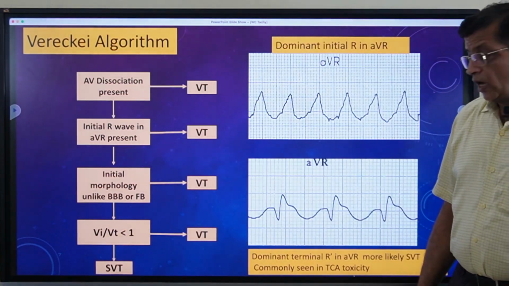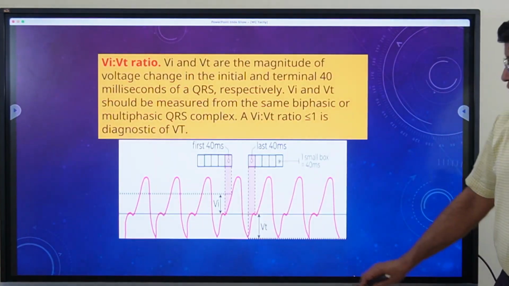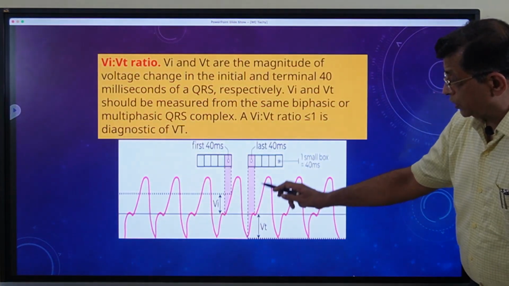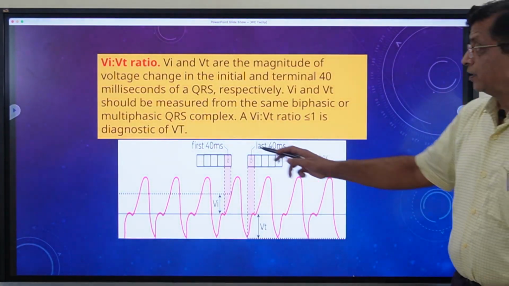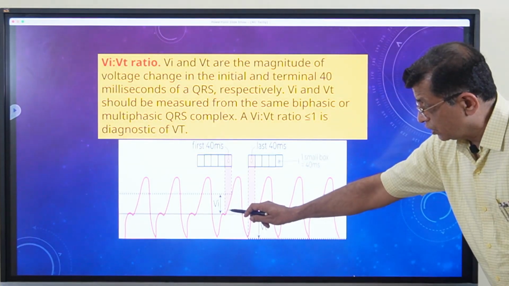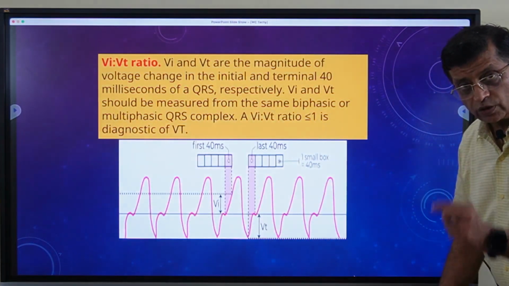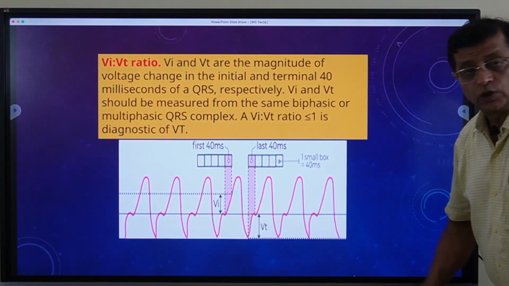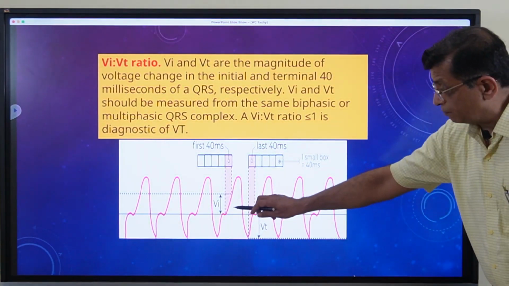So what is this Vi by Vt? In the same QRS complex, in a multiphasic or biphasic QRS complex, you have to look at the initial 40 milliseconds, or the initial small square of the QRS, and the terminal small square of the QRS, and see the amplitude.